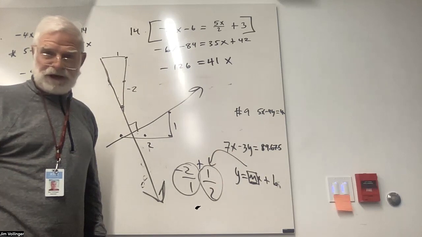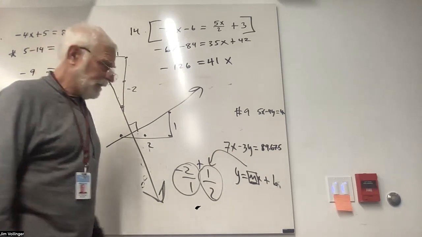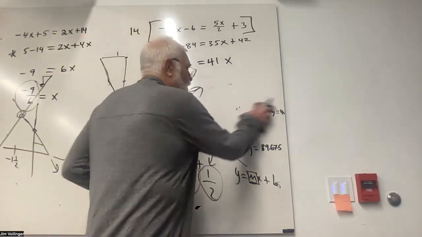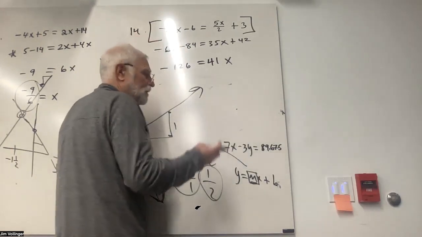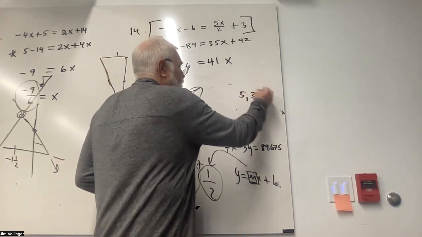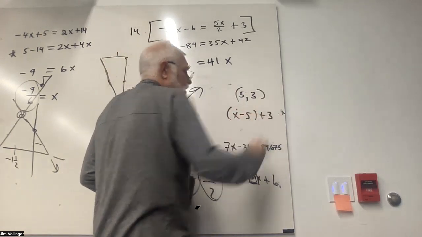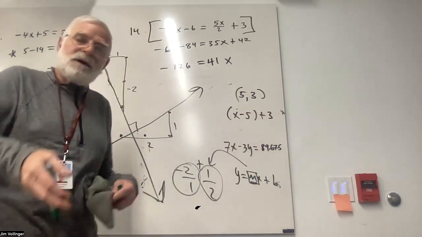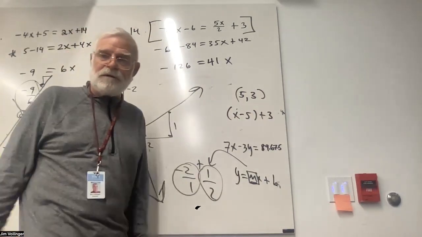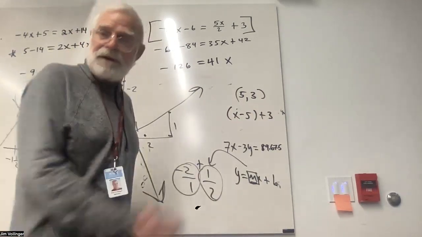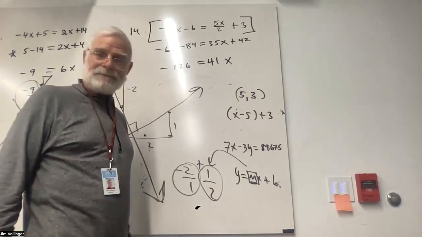And all we got to do is change the sign and then have it go through a particular point. I didn't even give a point here. I don't know. Let's say we want it to go through 5, 3. From our earlier work, I hope you would write x minus 5 plus 3. Maybe not yet. Right? This might be going right through your head and you might be already in tears. Don't worry about it. We're going to keep doing this every day until it's a piece of cake.